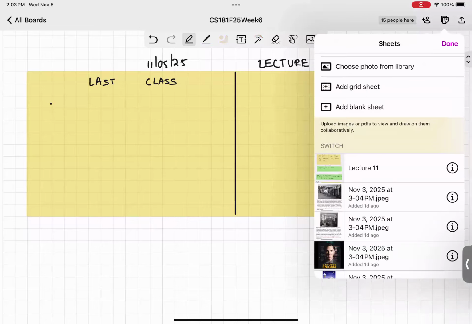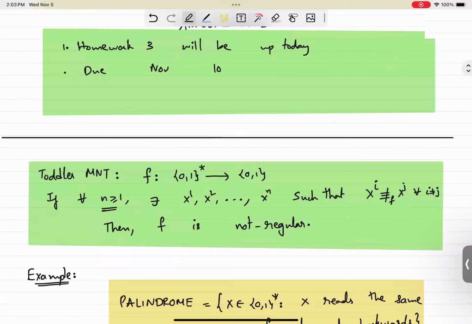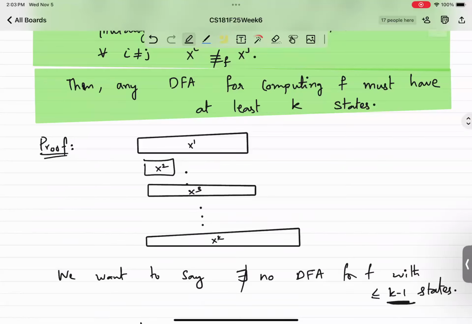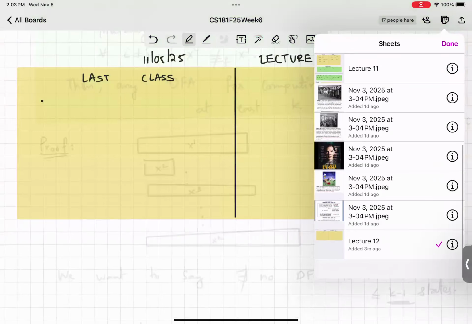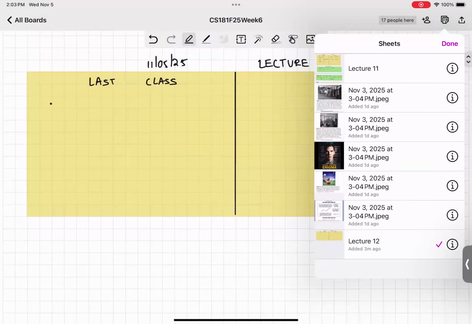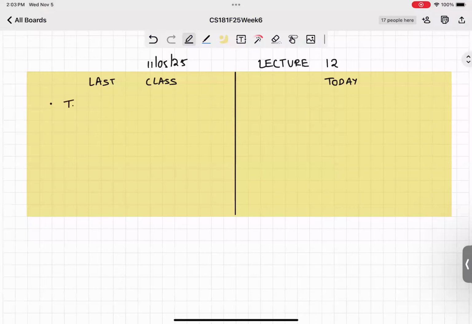So last class we talked about many important things. In particular, one of the key things that we did was define Turing machines.